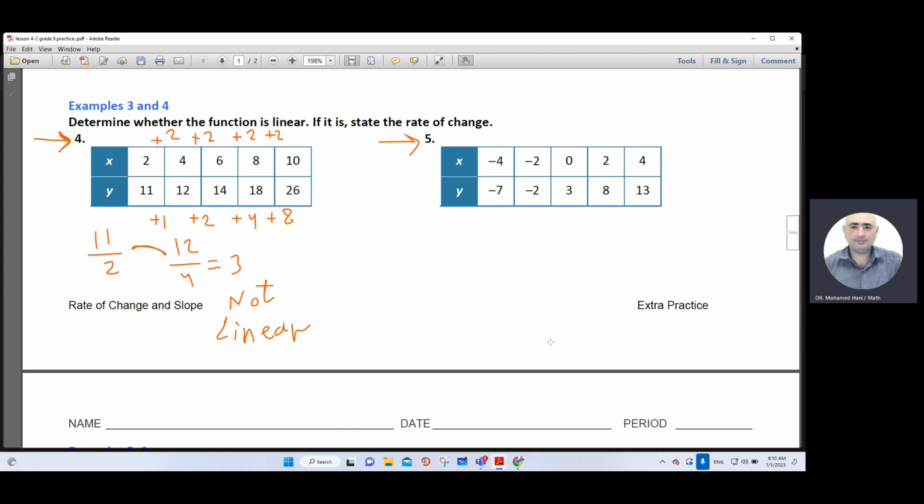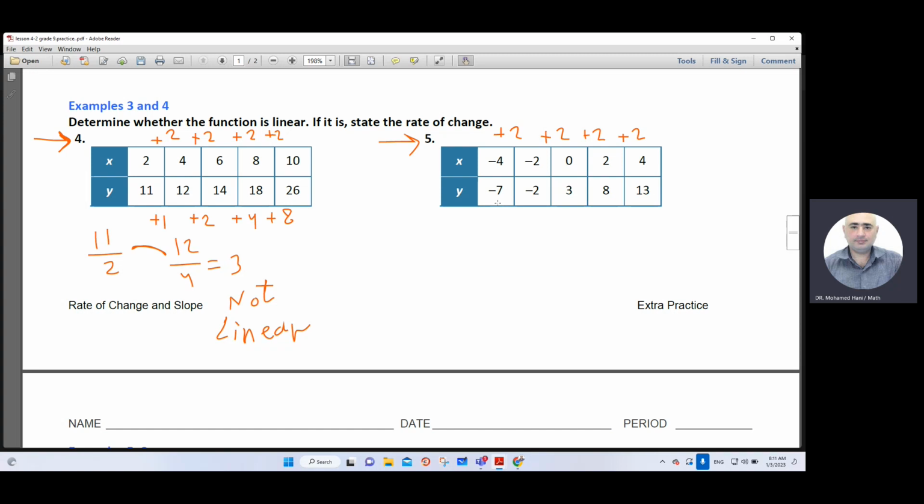Linear. Okay, listen please. -4, then -2 means you have plus 2. -2, 0 means plus 2. 0, 2 means plus 2. 2, 4 means plus 2.